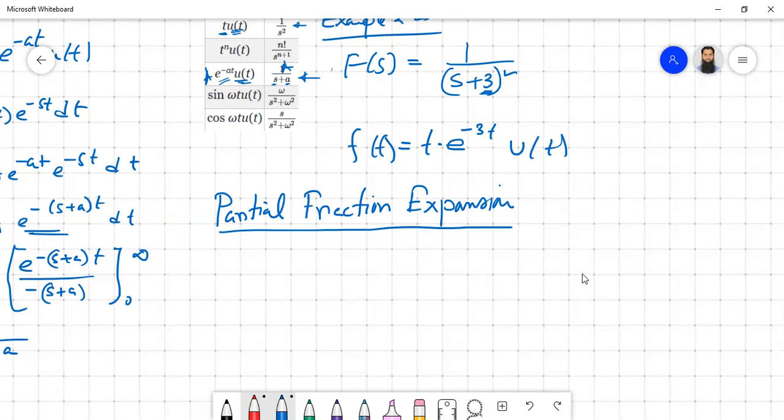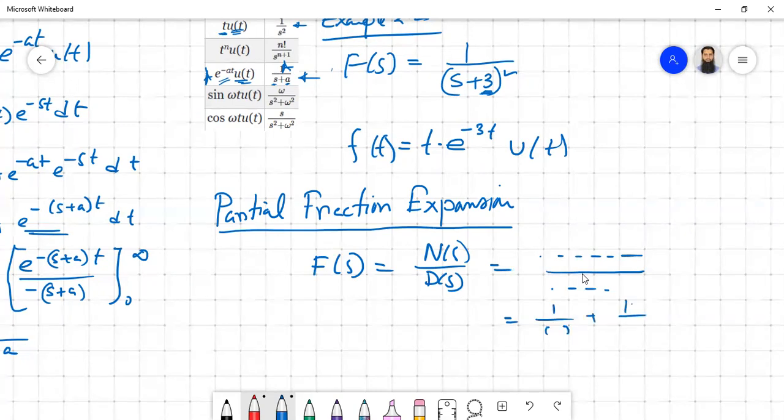If you have a large function with a numerator and denominator that has a large number of components, instead of that, what you have to do is make it small components, something like this. So this is our idea. That idea is known as partial fraction. So a large complicated function is broken into a sum of small functions so that we can easily apply the Laplace transformation on those small functions.